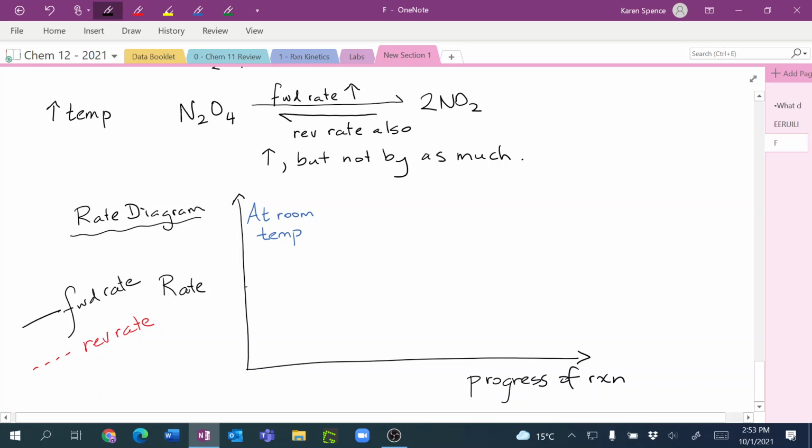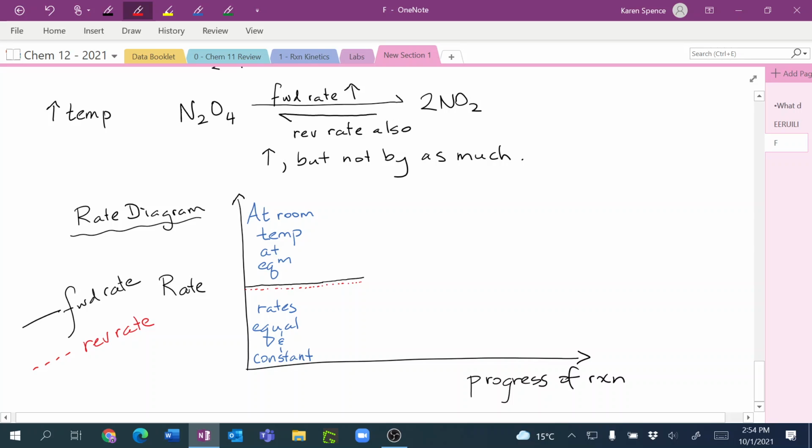So the rates were steady and equal and constant. And I'm actually going to make that go on a little longer because I need more room to write. There we go.